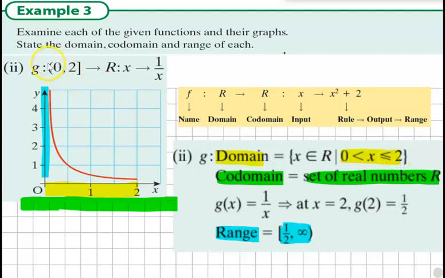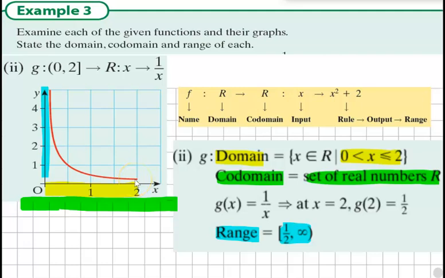So that's why we have the curved bracket before 0 and the square bracket after 2. So it's not actually including 0, and we can see that on our graph, our graph does not touch 0 on our x-axis. So it gets closer and closer to 0 on the x-axis, but it never actually touches 0. And then it gets up as far as 2.